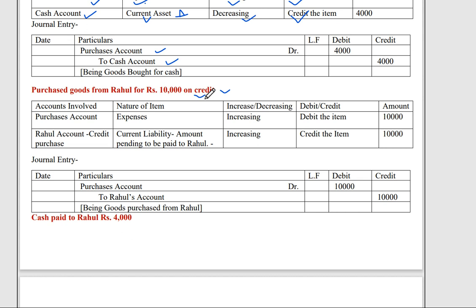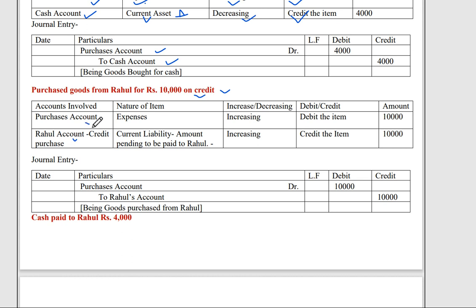When we are buying anything on credit basis, we have to specify the name of the individual person or an artificial person, because it means that we have to pay that amount in future to that particular person or business.